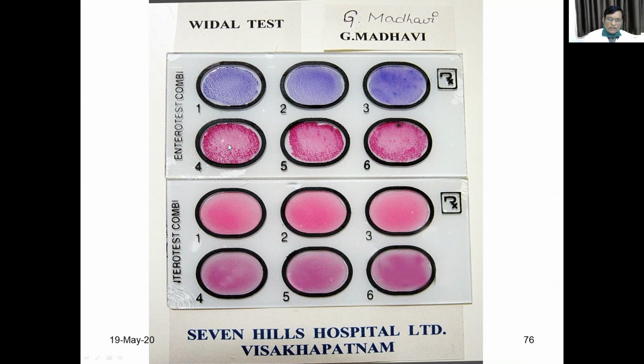Here, Typhi O, Typhi H, 20, 40, 80. Whereas Paratyphi A and Paratyphi B, there are no agglutinations. So here the patient is suffering from Salmonella Typhi infection with a significant titer value. We will discuss what the significant titer value is.